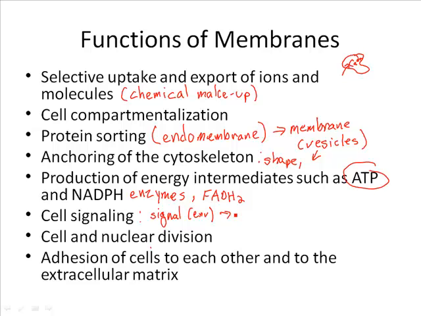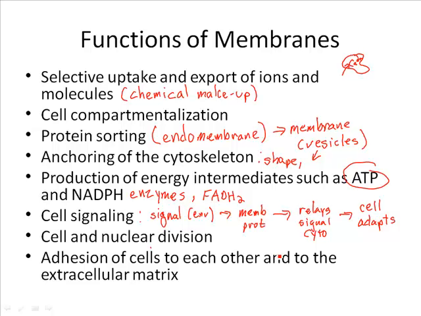That signal binds to a membrane protein found in the plasma membrane. And that membrane protein then relays the signal to the cytoplasm. And now in the cytoplasm, the cell adapts by producing proteins, by modifying existing proteins, etc.